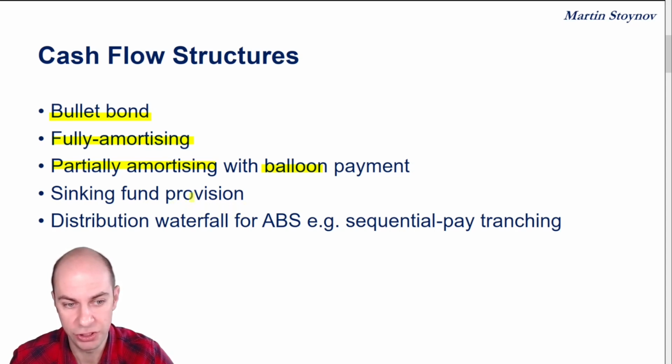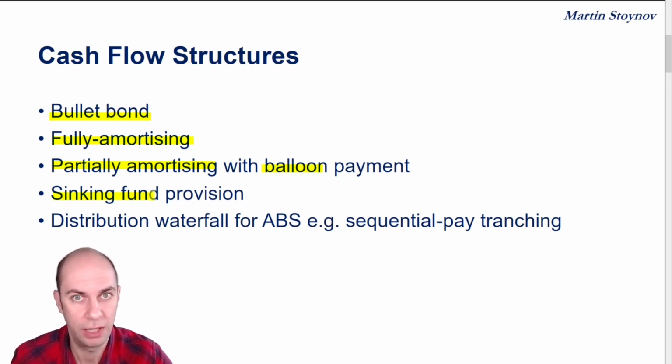Then I've got some provisions here, and a bond issue could have a sinking fund provision. That simply means that the issuer has committed contractually from the outset to redeem a certain portion of the issue each year. So there is a schedule to follow, and the issuer is redeeming a certain portion. For example, I could commit to redeem 10% of the outstanding issue every year.